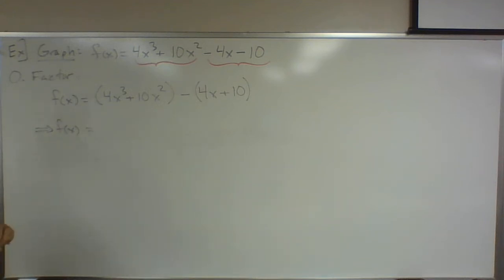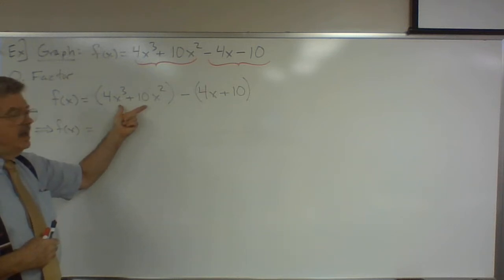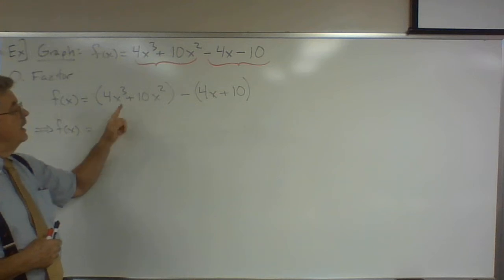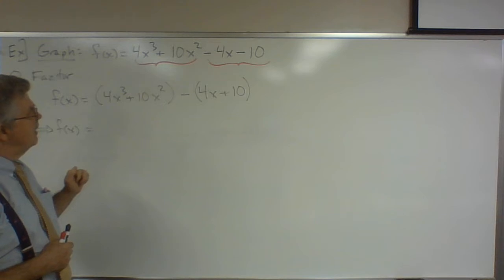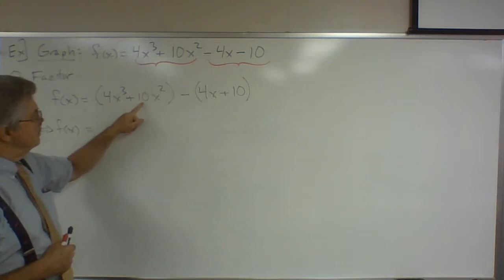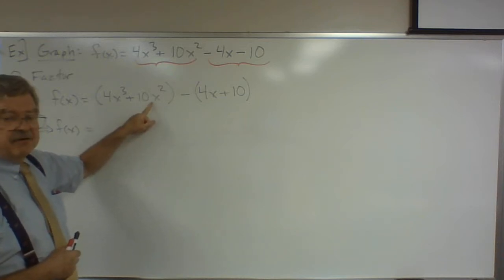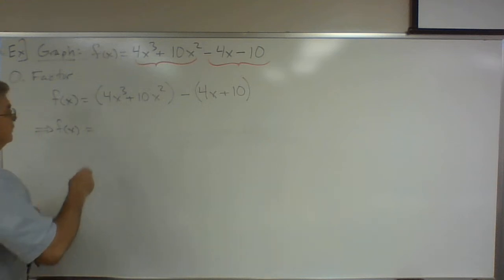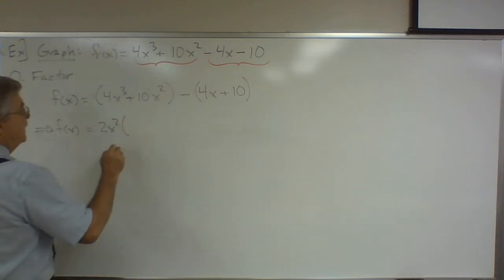From this group, I'm going to remove a common factor. And I see that, well, let's see. I see that both terms have a factor of 2. And I see that both terms have a factor of x squared. So 2x squared is the factor that I'm going to remove.